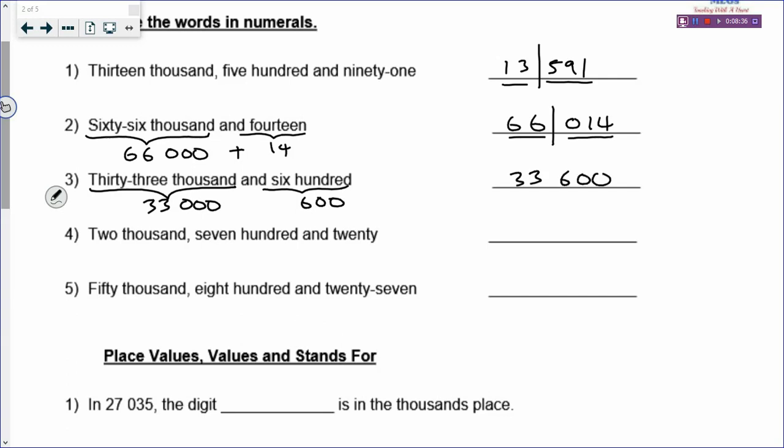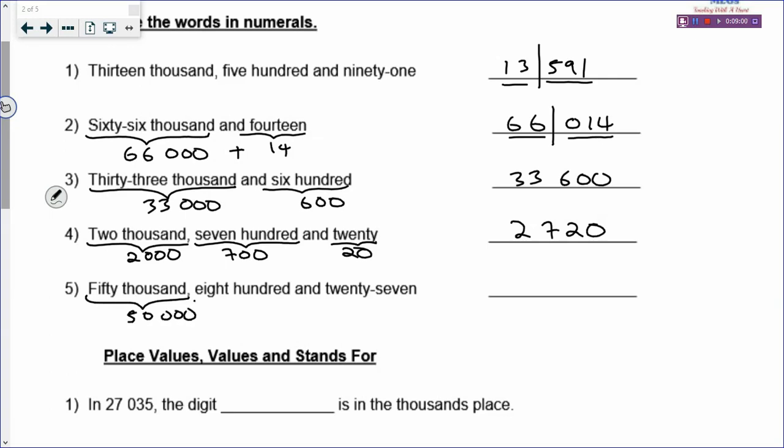Next one, 2,720. So let's change it one by one. 2,000 and 720. You add the numbers together, and you will get 2,720. And the last one, 50,000.